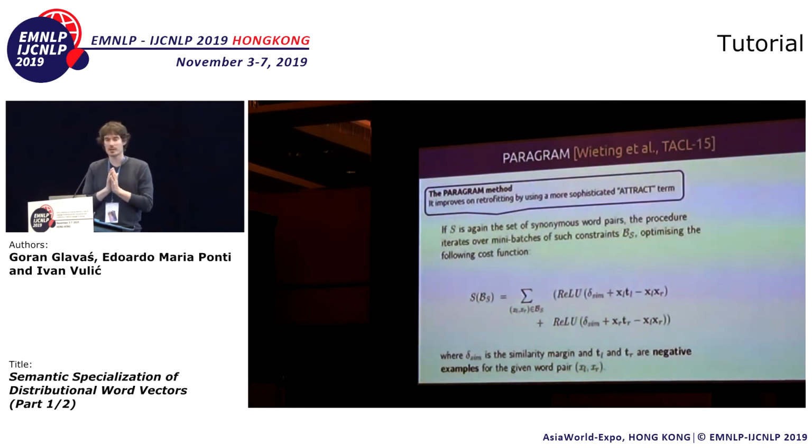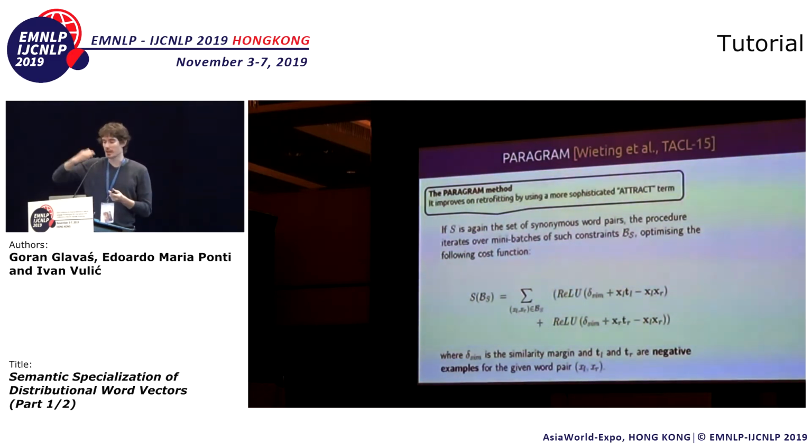And the negative example is taken as the most similar word from the current mini batch that is not in the constraints with the first word. It's a bit complicated to explain in simple words, but the actual process is much simpler than that. I can actually try to do it again when we have an overview, but that's the main idea.